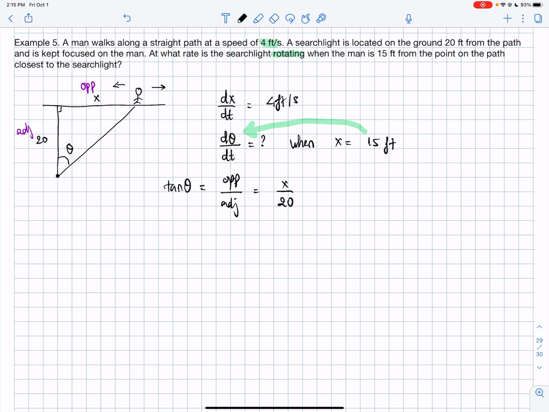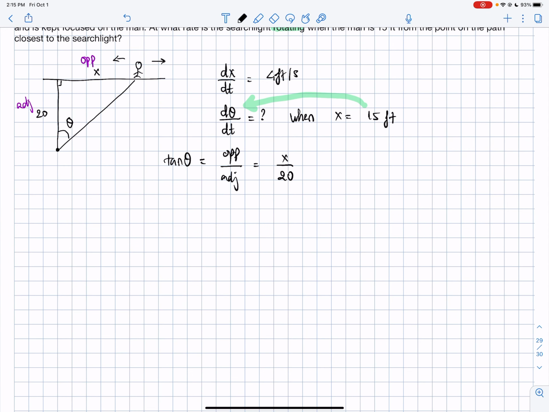You notice that we do not plug in x equal to 15 right now. We are finding the change of theta, d theta over dt. Then we will plug in x equal to 15 at that time. Right now, the angle theta and x are still variables.